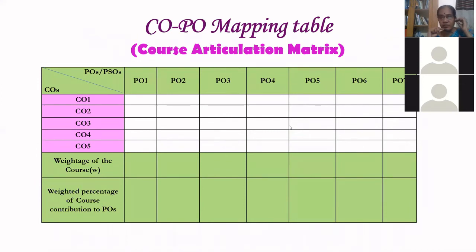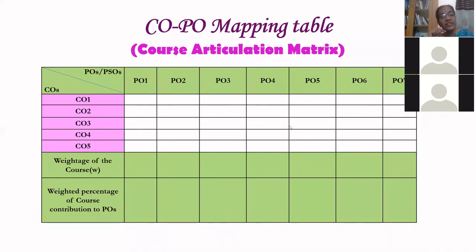Now this is a CO-PO mapping table suggested by UGC, and we have framed 7 POs. They are on the top, and on the left you have 5 COs, CO1, CO2, CO3, CO4 and CO5.